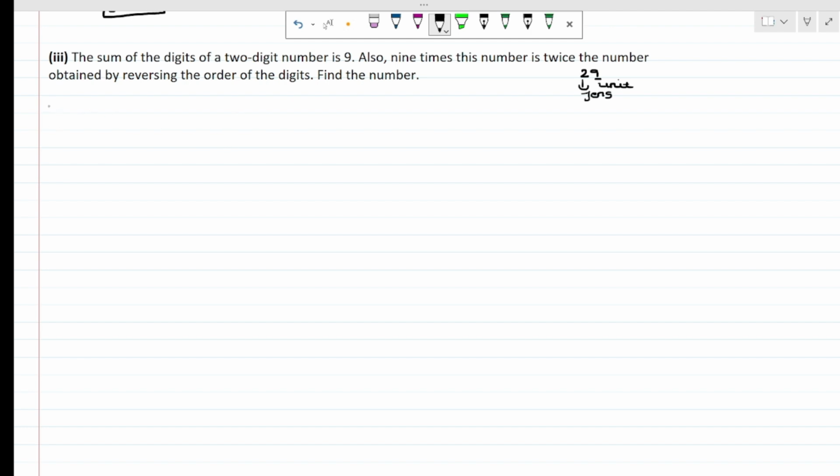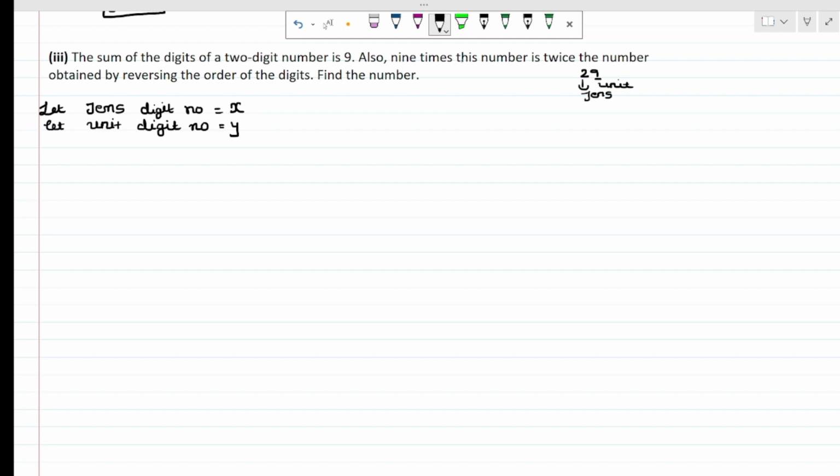For this case, we are assuming let our tens digit number be x, and our unit digit number be y. So now, tens digit number is x and unit digit number is y.